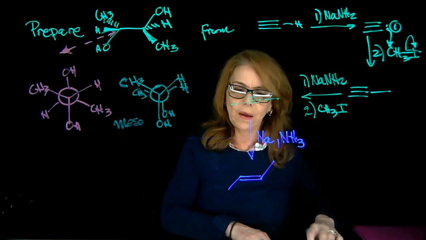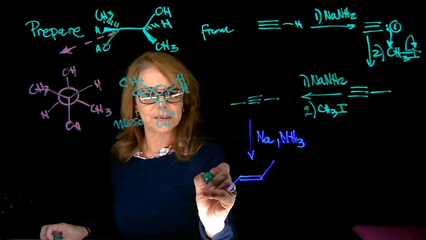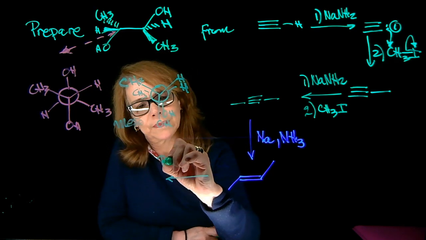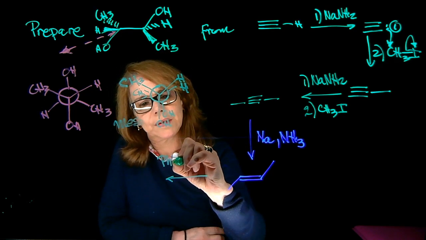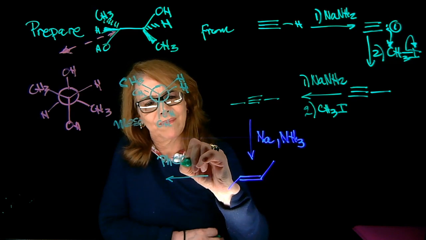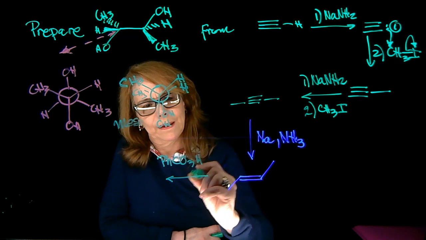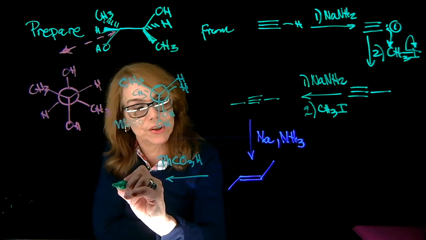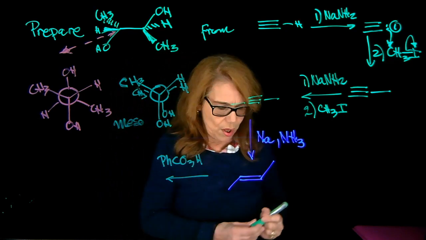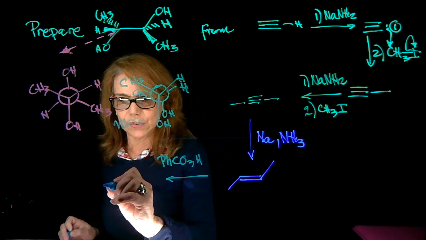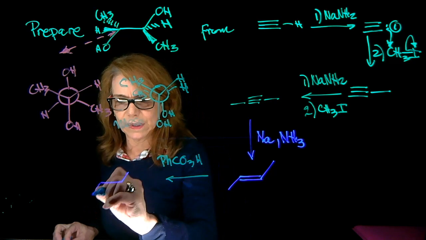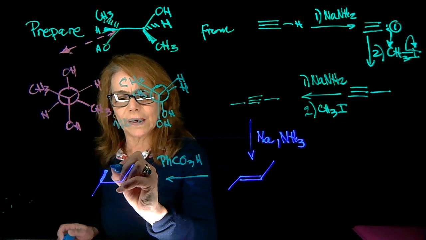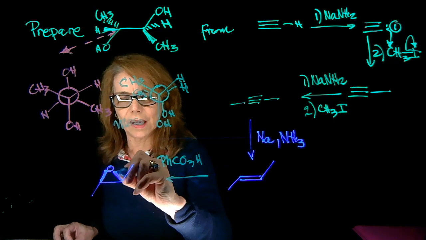So if we use 1 peroxy acid, say that we use peroxybenzoic acid, in that we will do an epoxidation. So let's draw the structure. We know that the methyls are already like that. If we do an epoxidation, that's my epoxide.